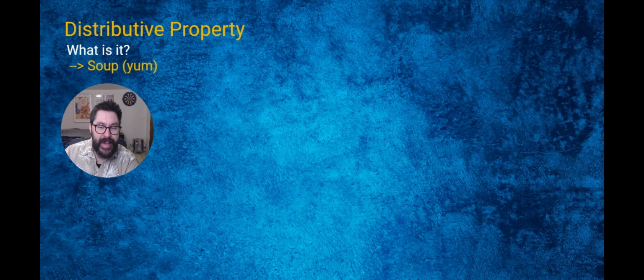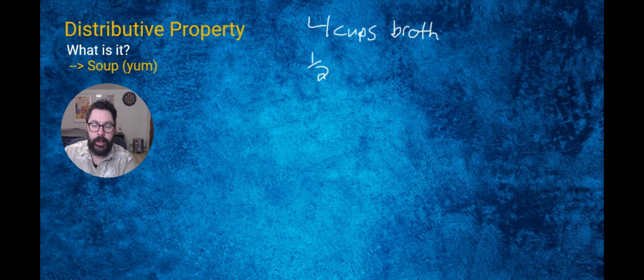I don't really make soup all that much, so please don't judge me too much if my made up ingredients are a little bit off in quantity. But let's say we're making a soup. We got 4 cups of broth. We got half a cup of onions.